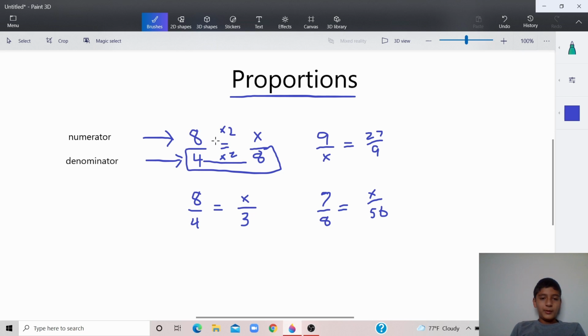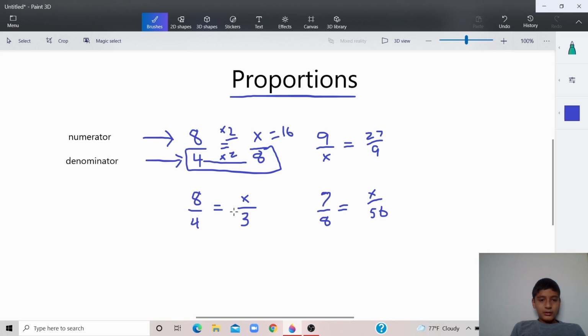So if we multiply 8 by 2, we get x equals 16. And 16 divided by 8 is 2, and so is 8 divided by 4. The reason is that multiplying by 2 divided by 2 is the same thing as multiplying by 1, and whenever you multiply anything by 1, it's the same thing. So that's how we solve that one.